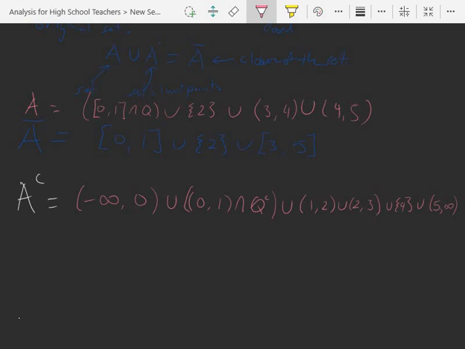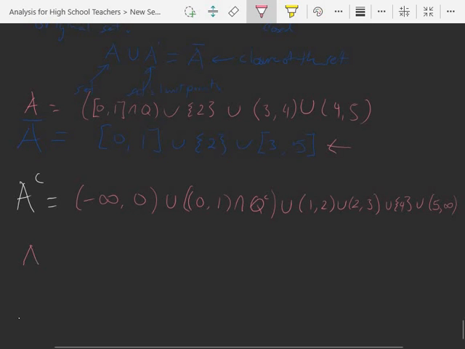What I want you guys to think about is what would repeatedly doing complements and closures do? Well, if I do the closure again, this already contains all of its limit points, so it's not going to get any bigger. But if I do the complement of this, so A closure complement, what's that going to do? Well, it's going to take the complement of this, so I go negative infinity up until 0.